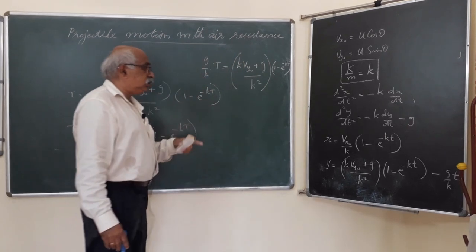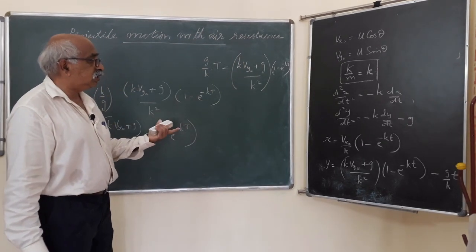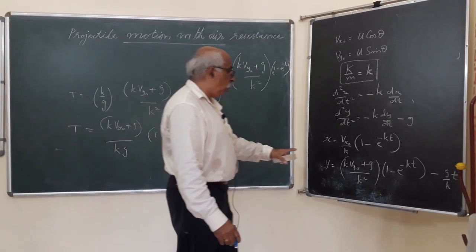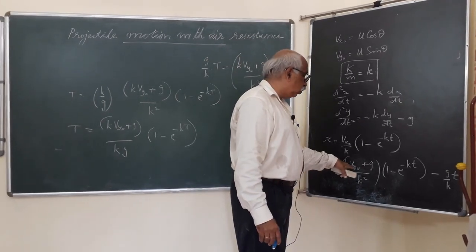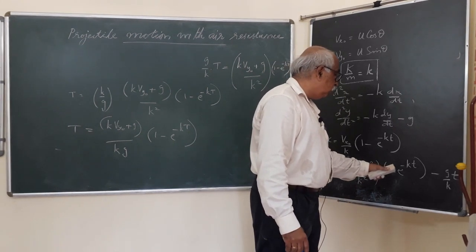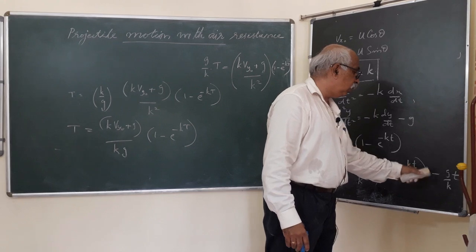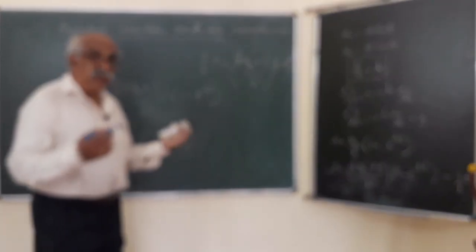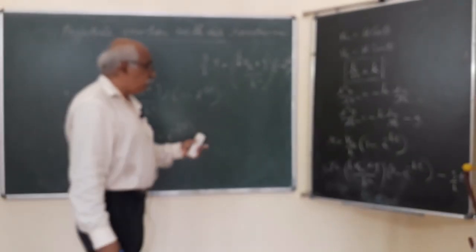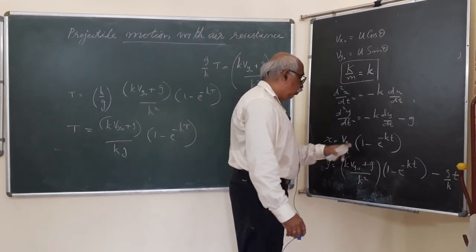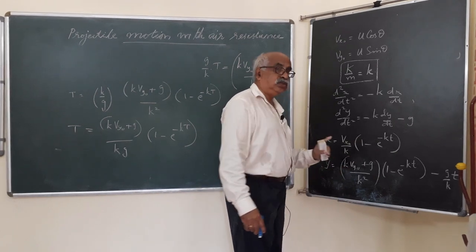The second equation is also solved along similar lines, and the result was found to be y is equal to (k Vy0 plus g) divided by k square multiplied by (1 minus e raised to minus kt) minus gt by k. Then we find that the equation for y as a function of time has two zeros. For t equal to 0, y is equal to 0.